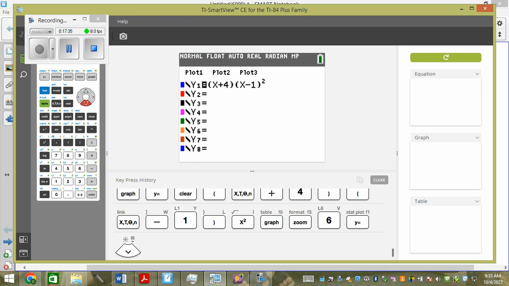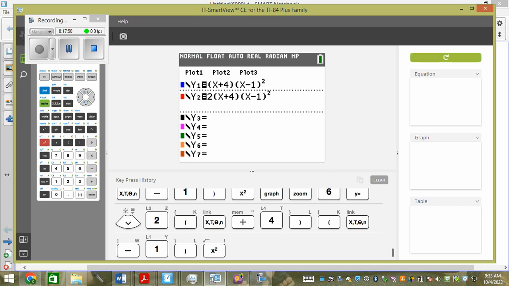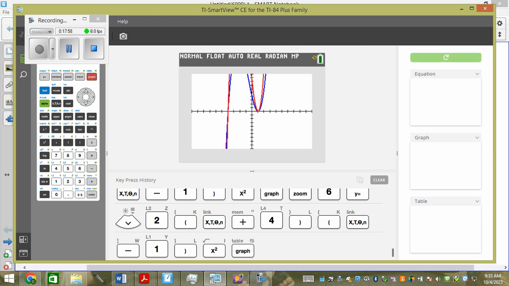I'm going to give the exact same equation, but I'm going to give it a leading coefficient of a different number. So watch. 2 times x plus 4, x minus 1 squared. Have I changed my x-intercepts at all, guys? No. Let's press graph. It was 4. It is now 8.